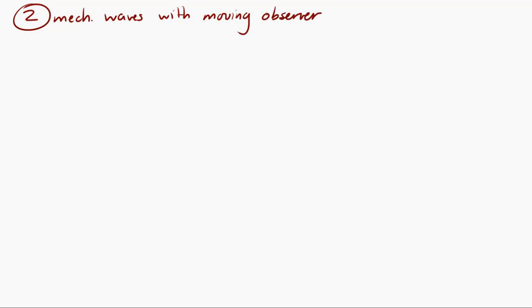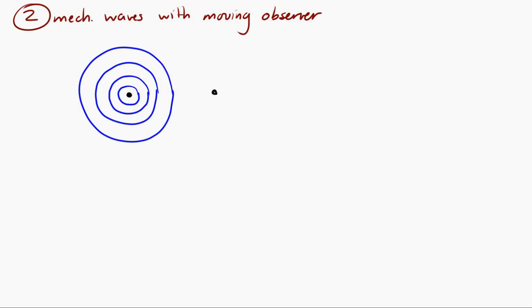Okay, now let's think about mechanical waves and a moving observer. The source doesn't move now. The source is emitting these wave fronts, and they go out like this. But the observer is now moving toward the source. If the observer moves toward the source, it will encounter the wave fronts more rapidly than if it was just standing still.